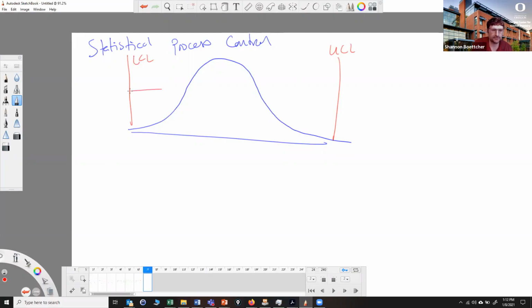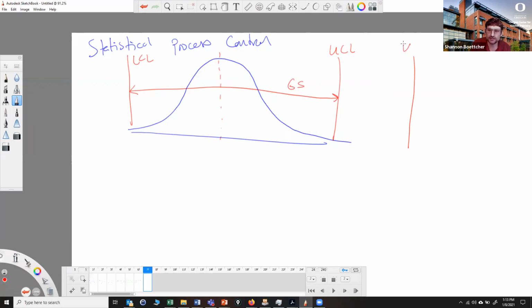The distance between these two is going to be 6 standard deviations from our mean. The other thing we're going to define is something called the spec limits, which are going to be larger than, hopefully, where our process is giving us. If this was the capacity of a battery you were producing, you want it to be within some limits because you're going to provide it to a supplier to put in their vehicles, which needs to have a given performance.